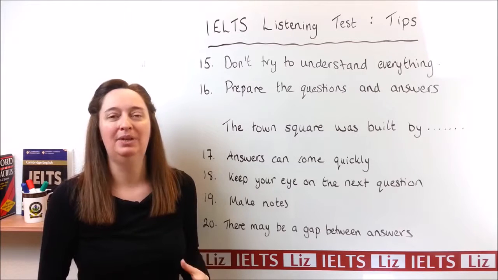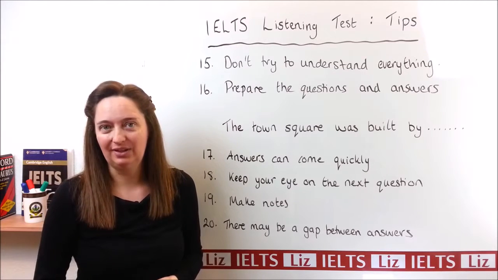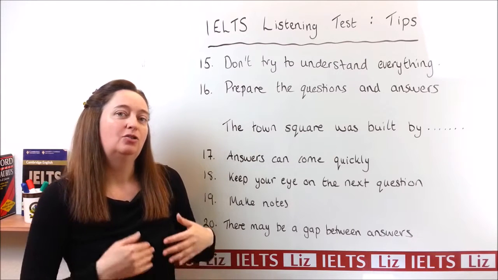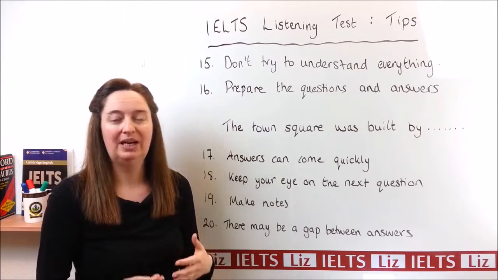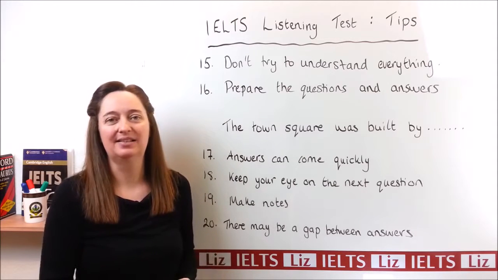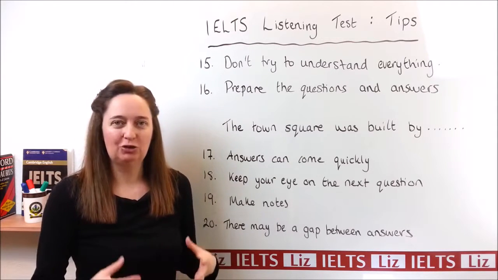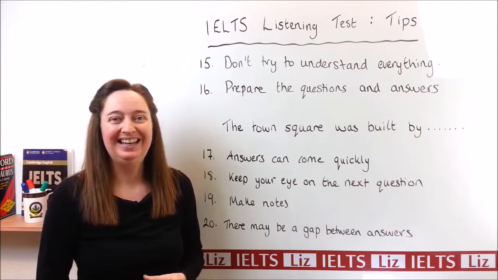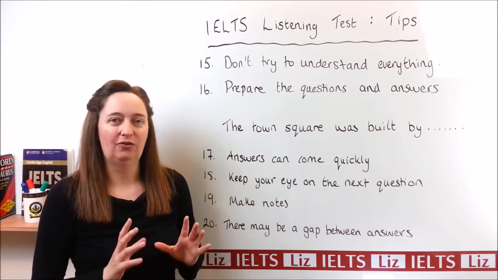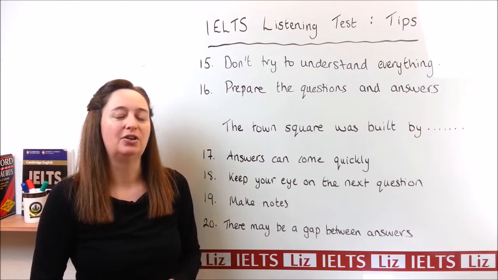You are not aiming to understand everything. So you need to look at your question, try to think of what type of answer you're looking for, listen for that answer. There will be a lot of extra information given in the recordings, and you need to just relax and focus on the answers that you're looking for.